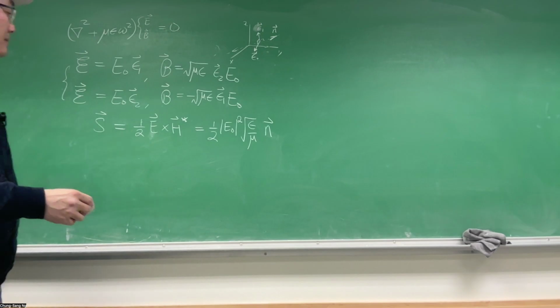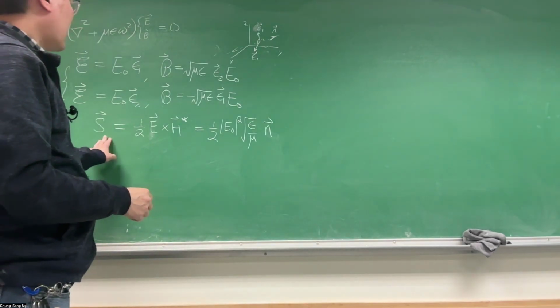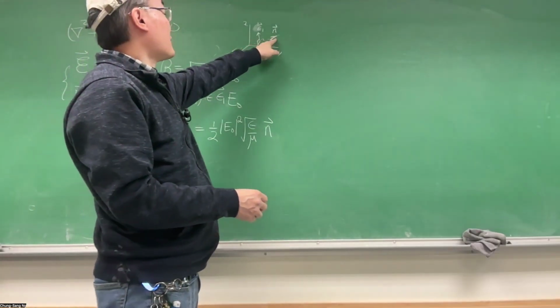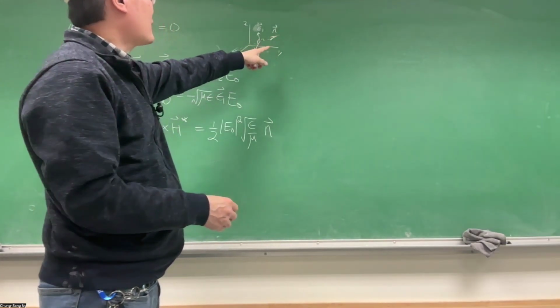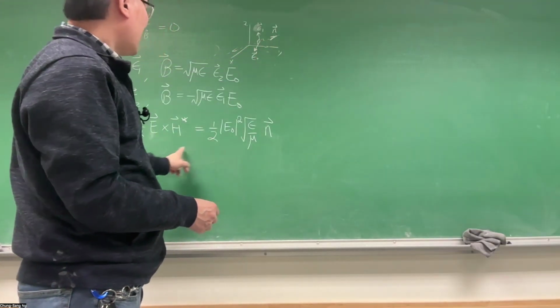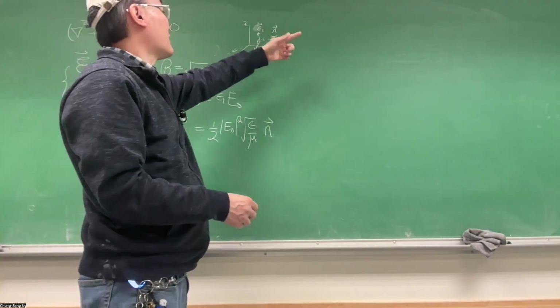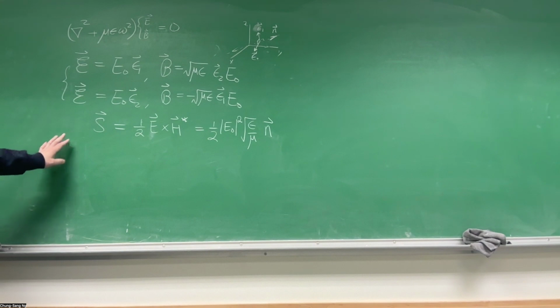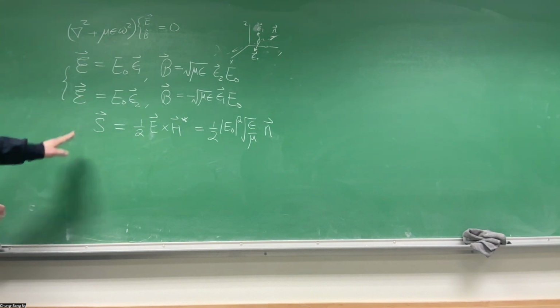Okay, so that shows that energy is propagating in the direction of the wave. n is the direction of the wave, but energy doesn't have to propagate in the same direction. But for an electromagnetic wave, at least in this simple situation, energy is propagating in the same direction, the propagation direction of the wave.